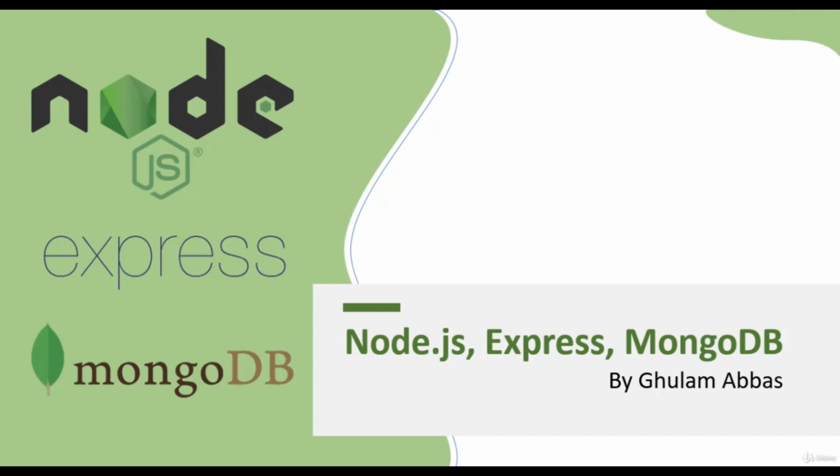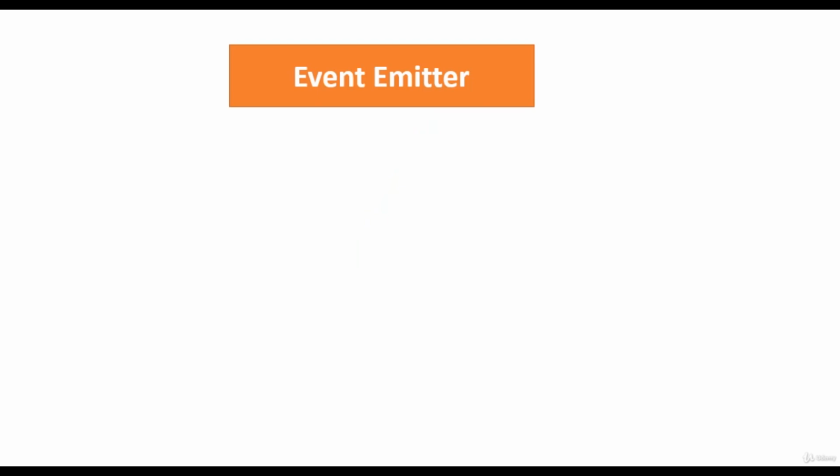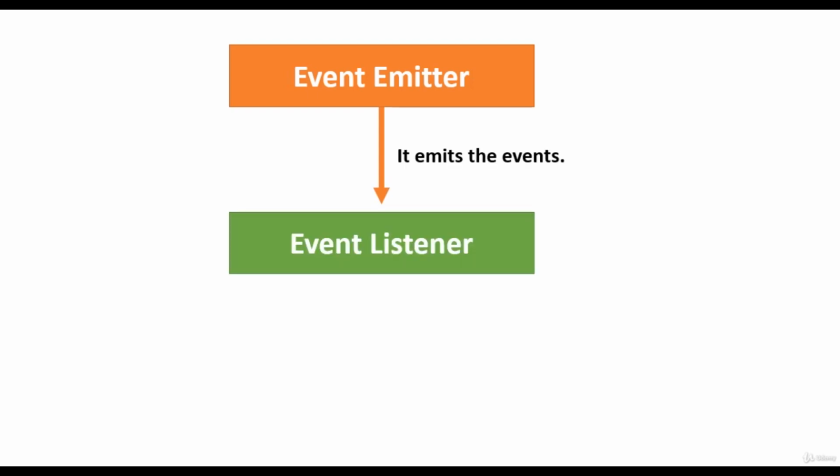First of all, let's see what the event-driven architecture is. In Node.js we have certain objects that are called event emitters. These basically emit events as something special happens in our application. They emit the events, and those are listened to by the event listeners.